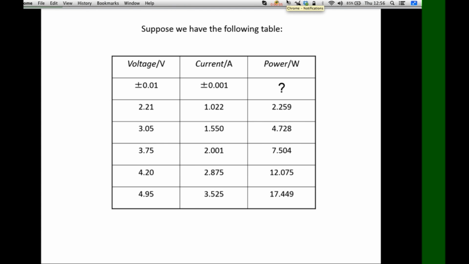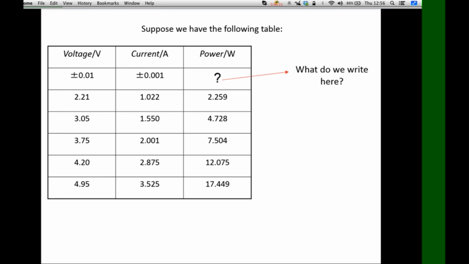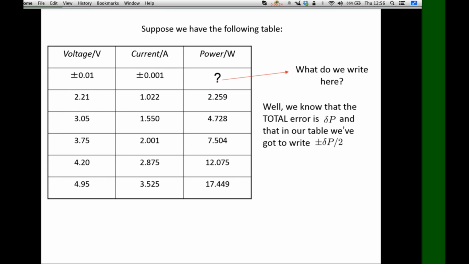The same holds for the current, which appears in the second column, and in the third column, as you can see, there's the power. Now, what is the uncertainty associated with the power? Let's see. Well, we know that the total error is delta P, and that in our table we've got to write plus or minus delta P on 2.